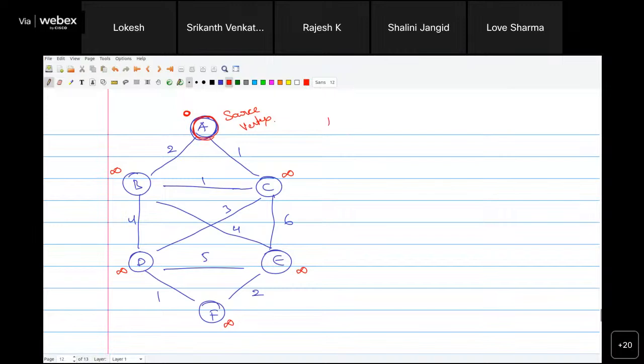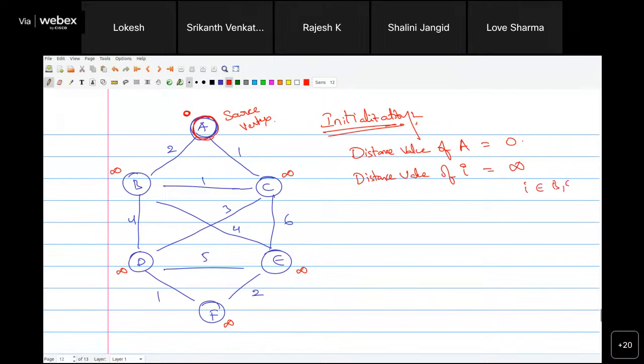Let us call this the distance value. The distance value of A is equal to 0 and the distance value of vertex I is infinity, where I is B, C, D, E, F. So this is the initialization I have done.